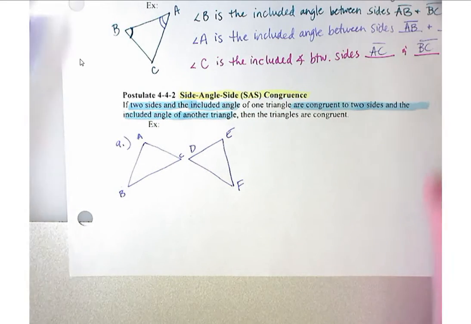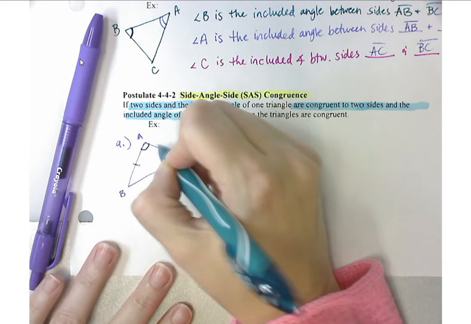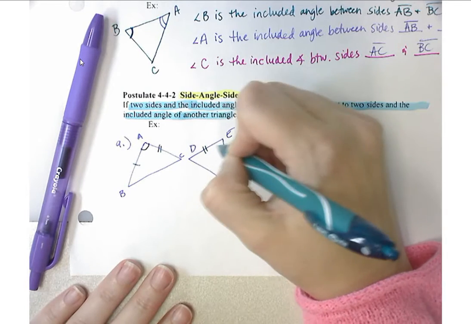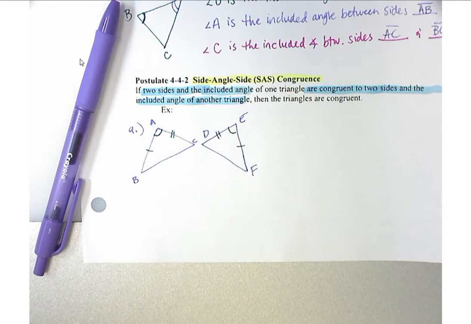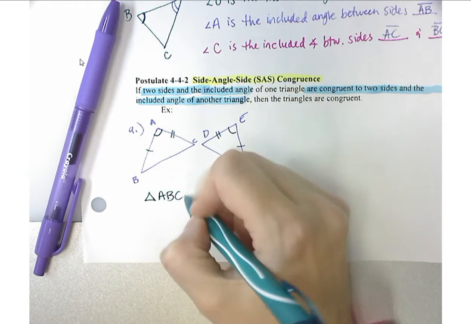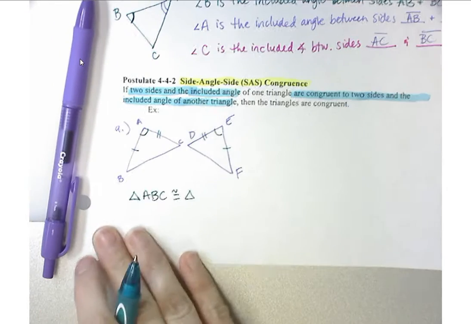And then these are going to have some special marks on them. So this is all given to you. Alright, so if you have two triangles with these exact markings, again, I'm going to have you finish your congruent statement. So triangle ABC is congruent to, and go ahead and write in what it is.